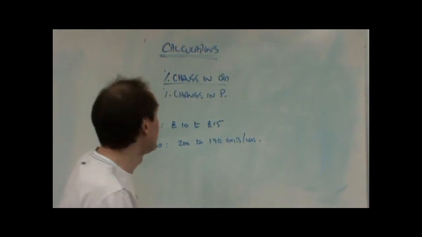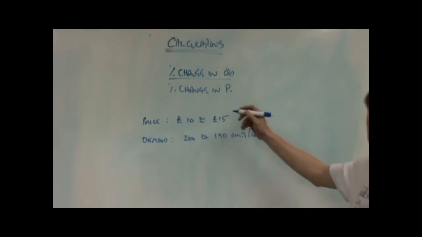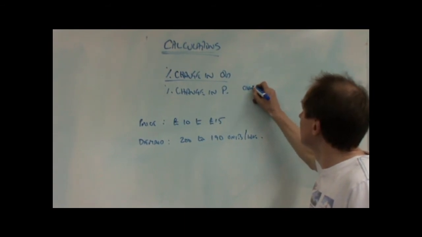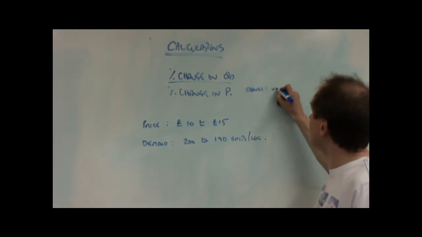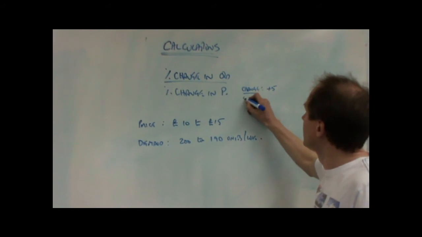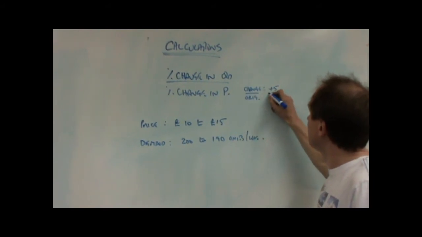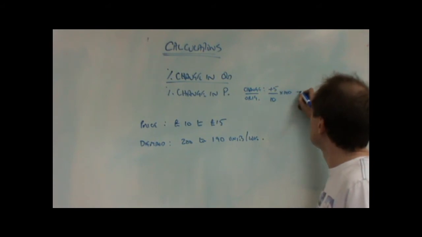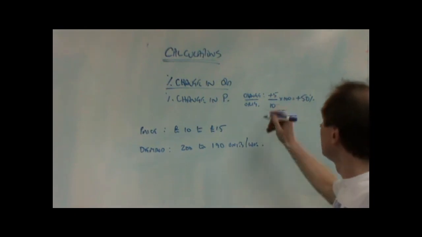So again, all we've got to do is work out percentage change. What's the percentage change in price? What is the change? The change is plus £5. The original is £10, times 100. Price has gone up by 50%.